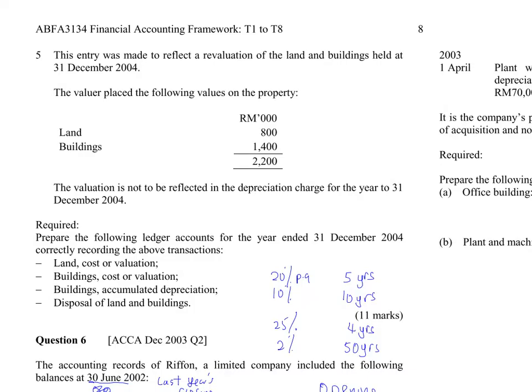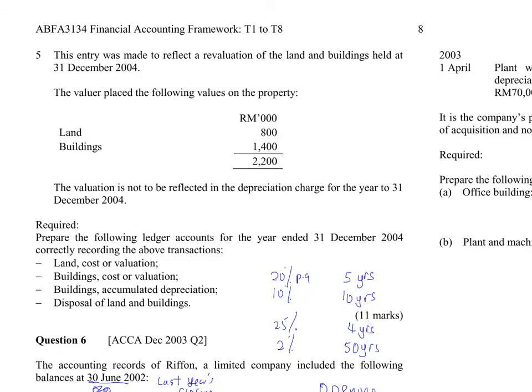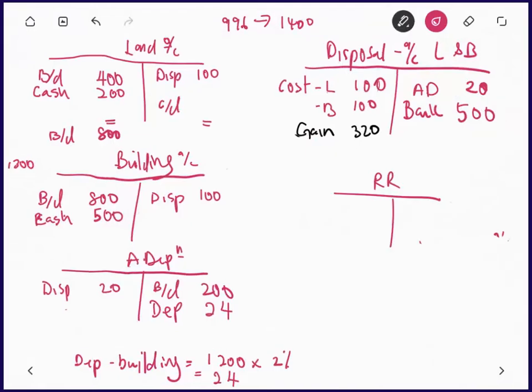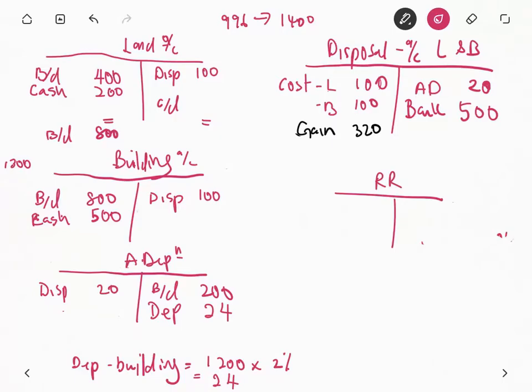And lastly, note 5. The entry was made to reflect the revaluation held. So there is a revaluation at year end. Land revalued to 800. Building revalued to 1,400. Remember how many steps? I use method 1, meaning 2 steps. Correct. So revaluation of land is very easy because there is no accumulated depreciation.